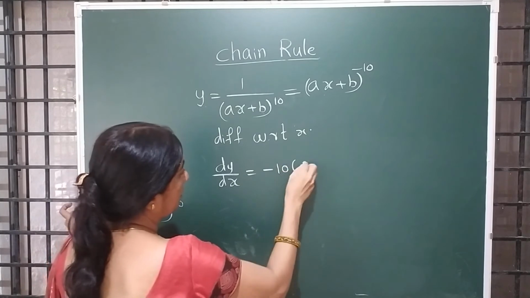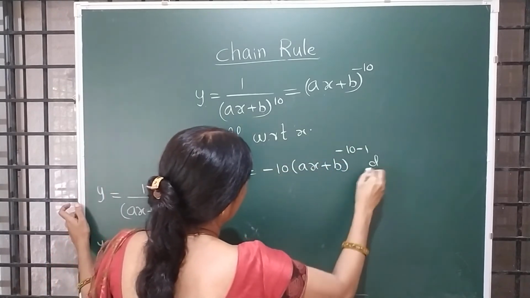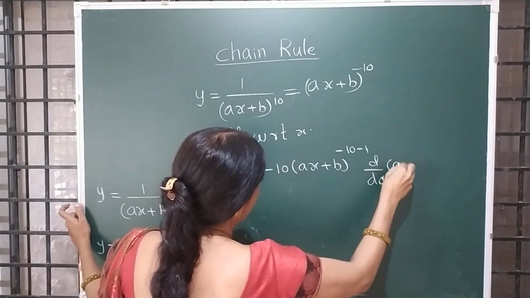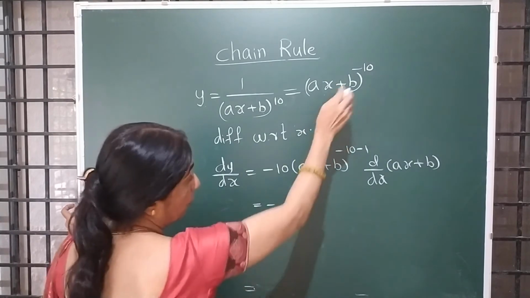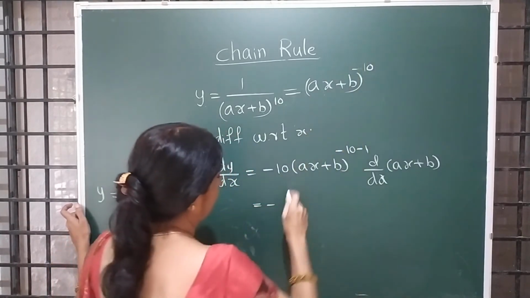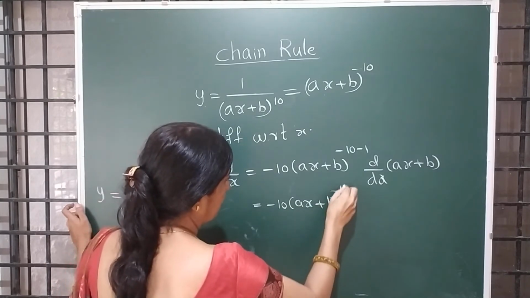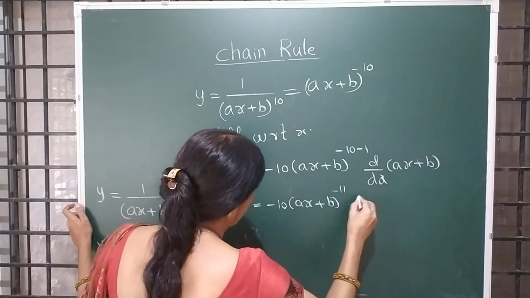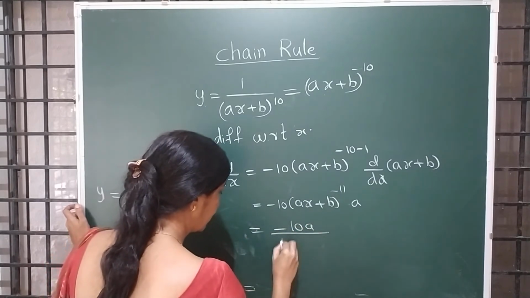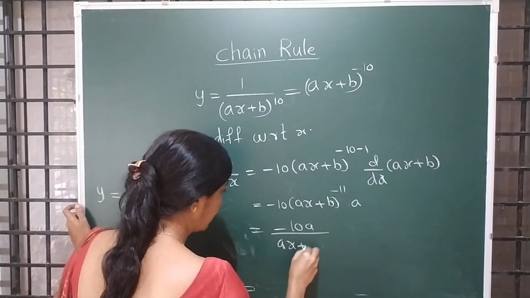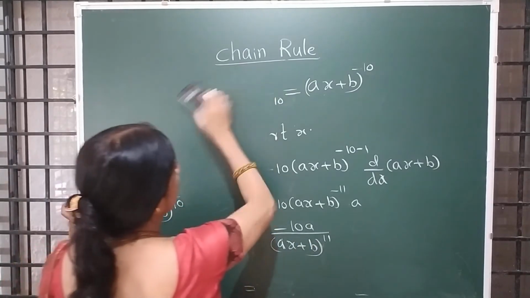Minus 10 (ax plus b) whole raised to minus 10 minus 1 into differentiation of ax plus b. Yes, because we have to close that power. And differentiation of ax, a constant, x is 1.